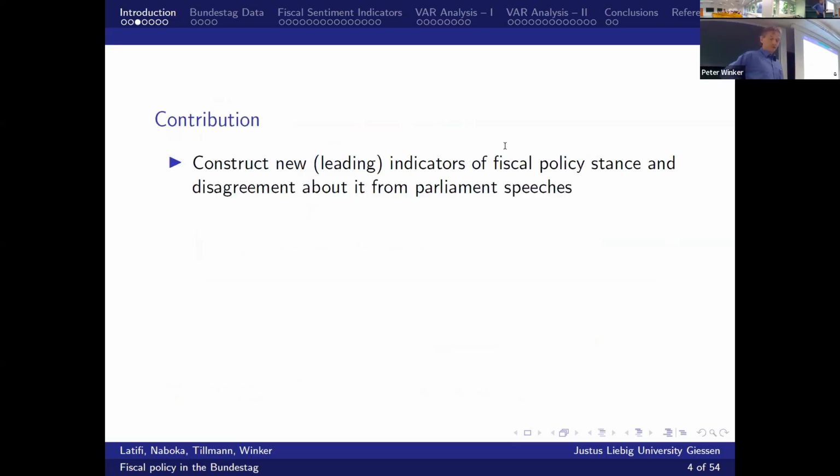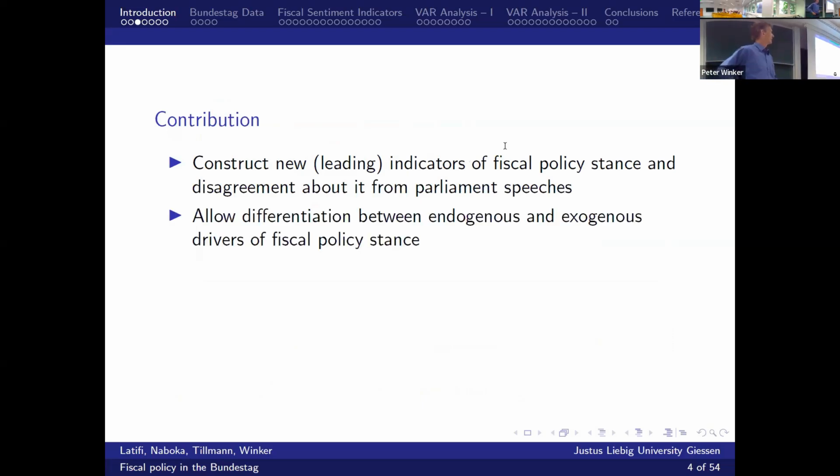Okay, so the main contribution of the two papers actually, which are involved here, is constructing these new indicators, fiscal sentiment, and then disagreement about fiscal policy, based on parliament speeches. There's something I didn't mention yet. We also differentiate between fiscal policy which we call endogenous, so when unemployment increases, we will have to spend more in the unemployment insurance system, automatically more or less.